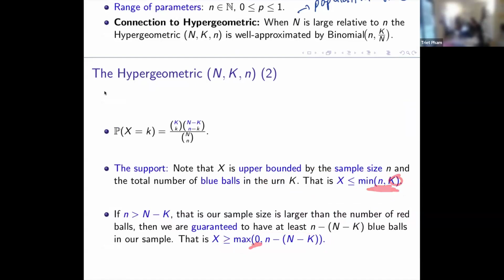Similarly, the minimum is of course bounded by 0, but it's also bounded by this. This is nothing but the remaining blue balls if you have taken away all the red balls. So that's why the support of a hypergeometric must be between these two values. Any question?